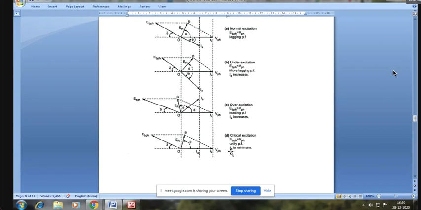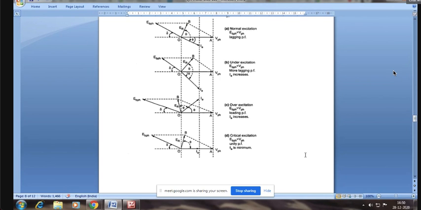And therefore, as cos phi becomes 1, which is the maximum value for cos phi, what should happen to IA? It should decrease, yes, that will become minimum. And that is the concept of V and inverted V curves, which we are going to discuss in future.